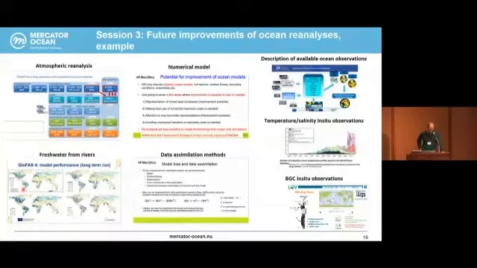We also have some important input, which is the rivers, the freshwater, for the freshwater budget and the different rivers around the world. And we have a nice work presented on the model performance and the future for this model.